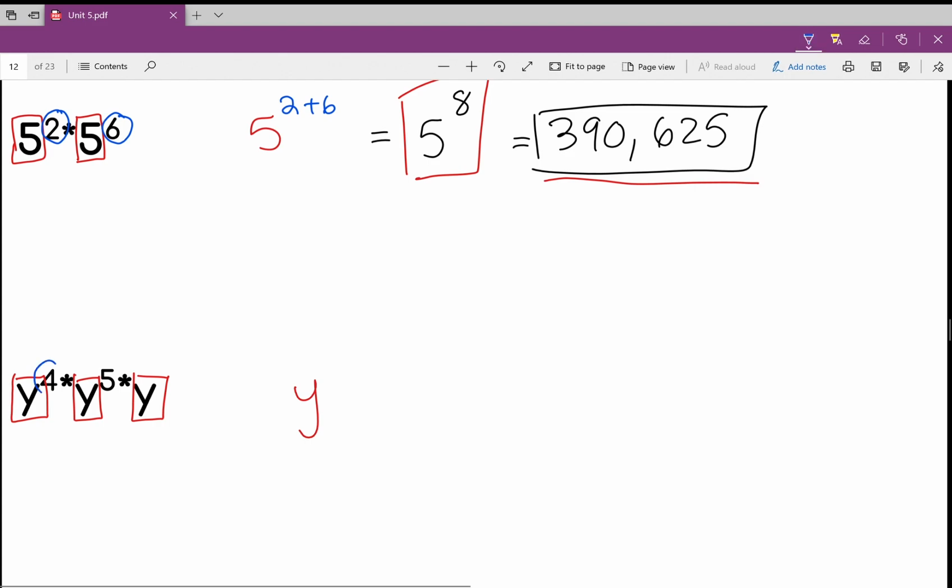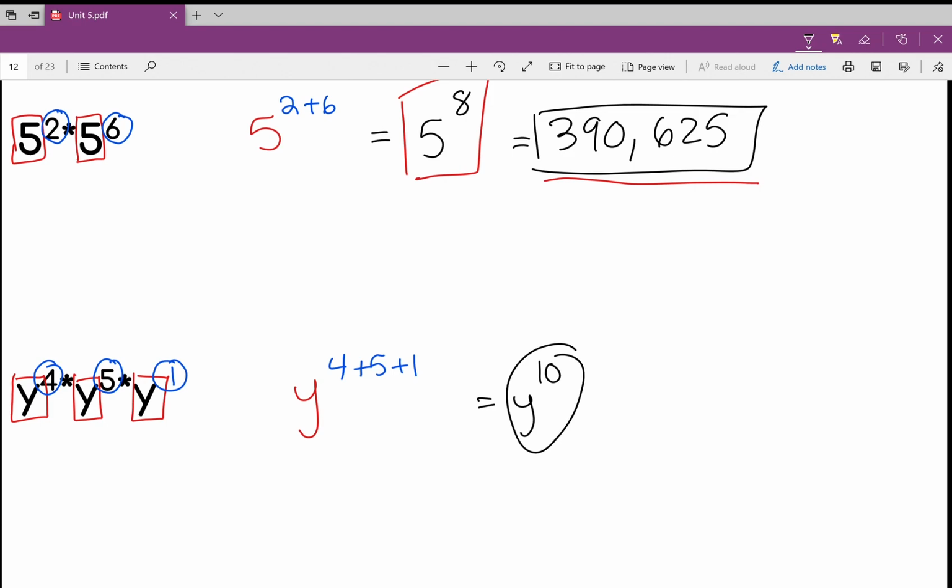I have an exponent of 4, an exponent of 5, and then right here, if I don't see any exponent, then I assume it's 1. So I'm going to be adding 4 plus 5 plus 1, and I'm going to get the answer y to the 10th power. That's my answer. 4 plus 5 is 9, 9 plus 1 is 10, so I got y to the 10th power. So remember, I just rewrite the same base and add all my exponents.